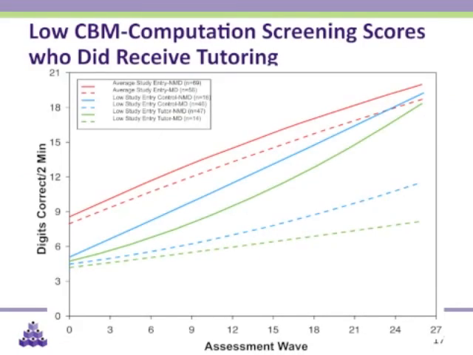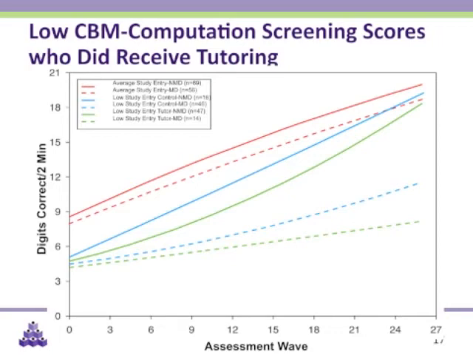So if we look back at our slide, we have 4 groups, all the blue and all the green lines. They all failed the screen. And their screening data alone does not tell us how well they're going to develop over the course of first grade. Instead, we need the progress monitoring data, those 27 data points, to be able to model their first grade math development.